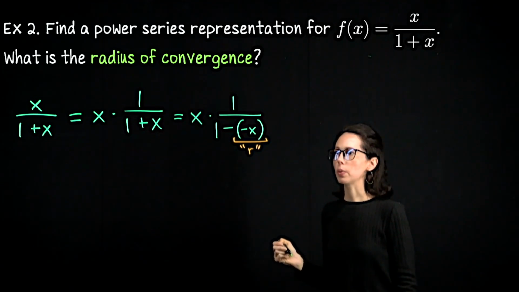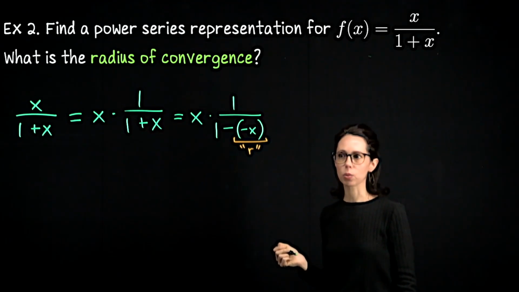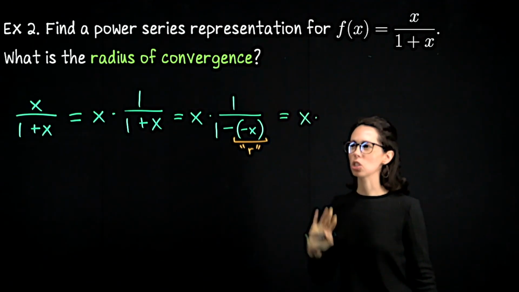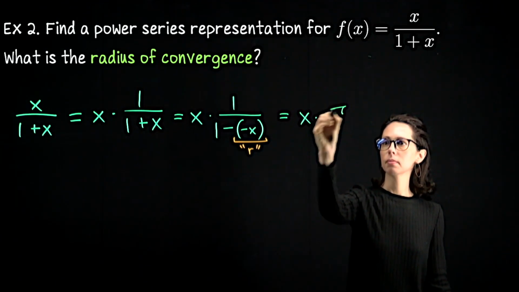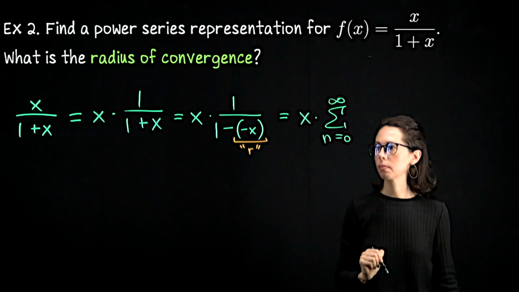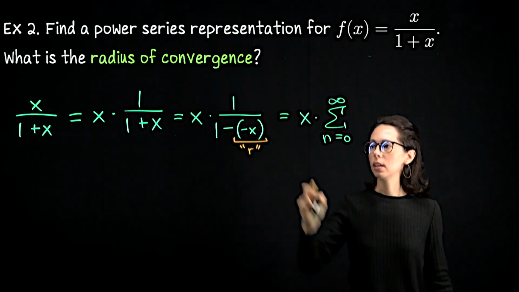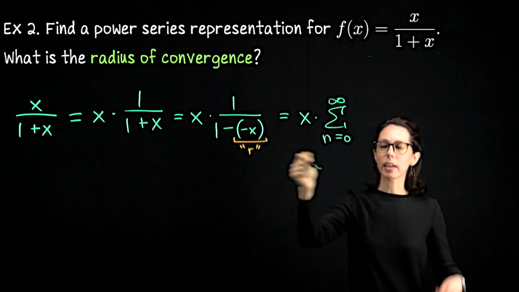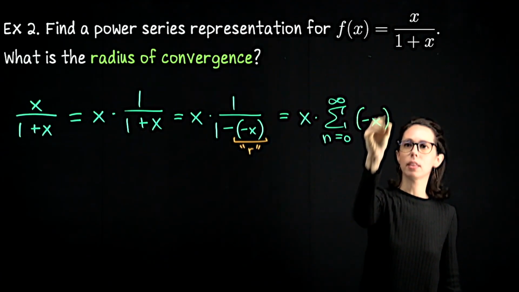So what we're going to do is now bring in that power series representation. We have that leading x. Again, that's not going to affect much. Just leave it out front. Then we have the series going from n equals 0 to infinity. It was whatever this was to the n, so r to the n. In this case, the r is negative x. So we'll write negative x to the n.